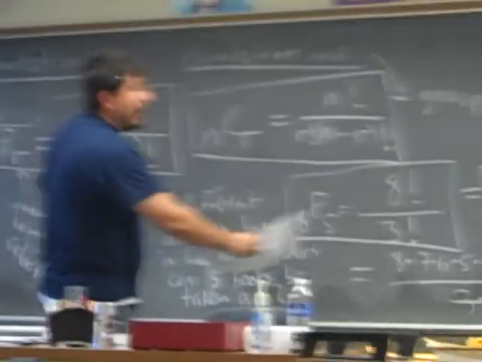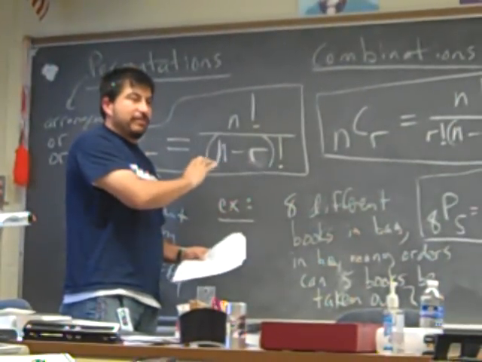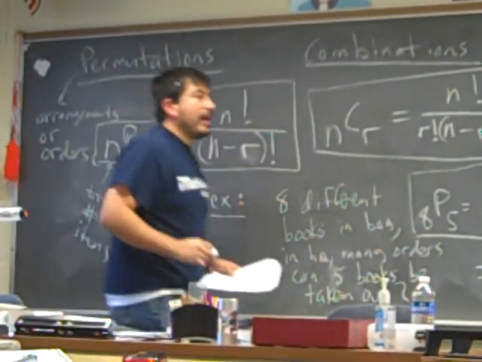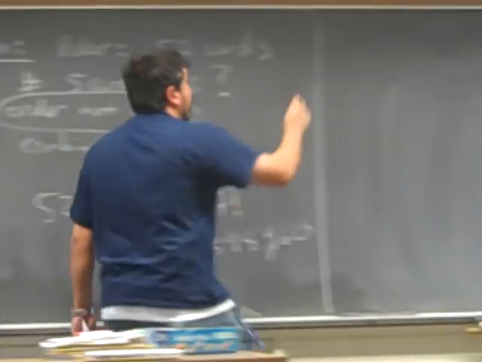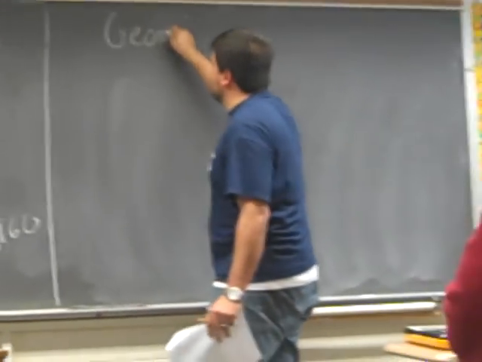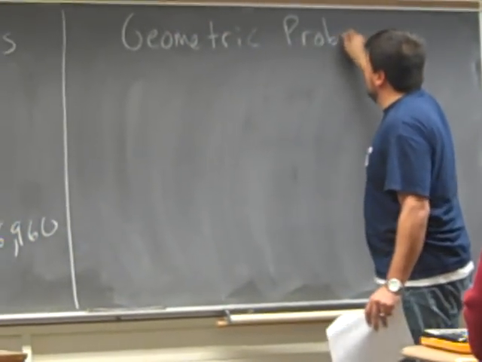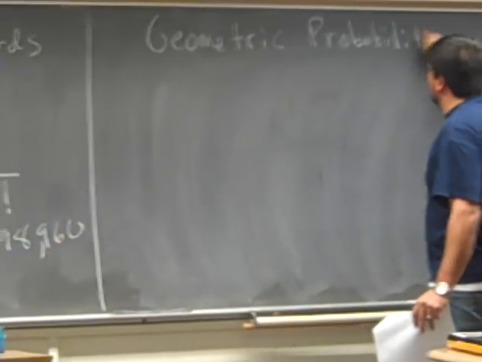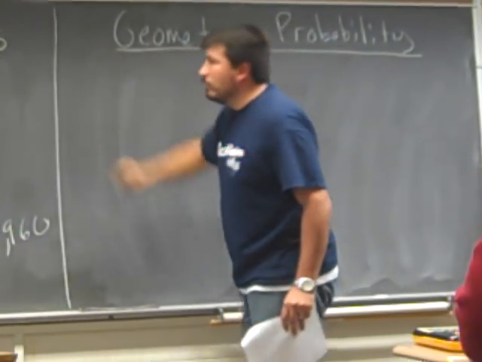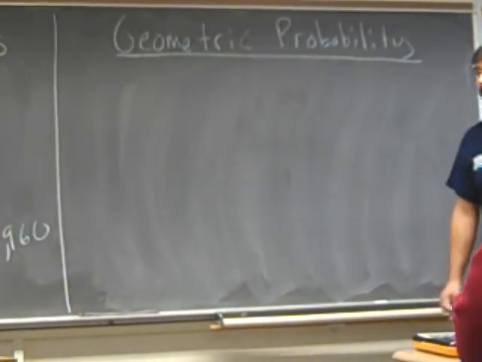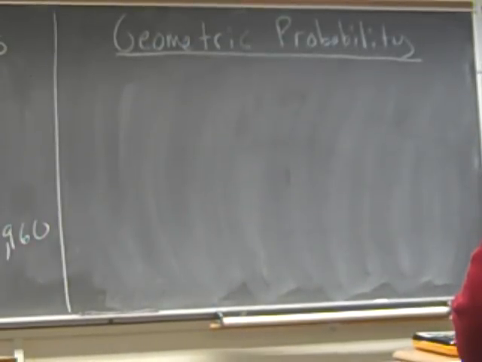You probably will not be so much concerned with this stuff. Okay? For you guys, geometric probability is more what you're going to be doing. And there's not like 4 or 5 examples I can do that will cover everything.